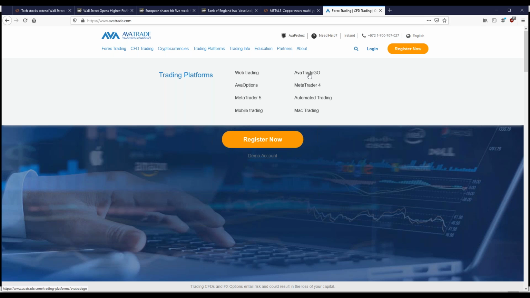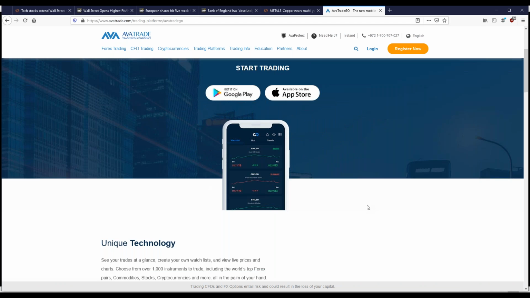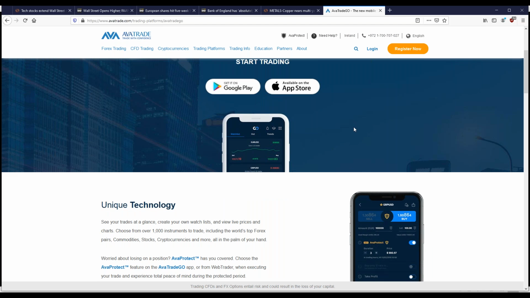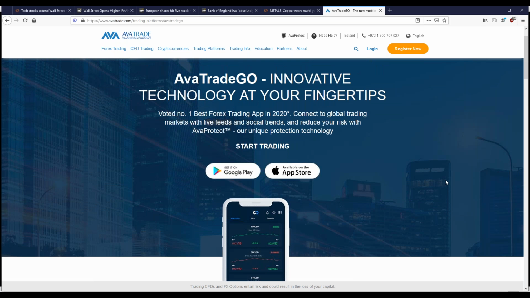So whether we're talking about the AvaTrade Go mobile app or the web trader platform, you can get these platforms on your mobile device or on your account, and the tools are really nice for risk management. We've got a special feature called AvaProtect. You can cover against any and all losses during the covered time period. Any losses are added back, and your only cost is the premium cost.